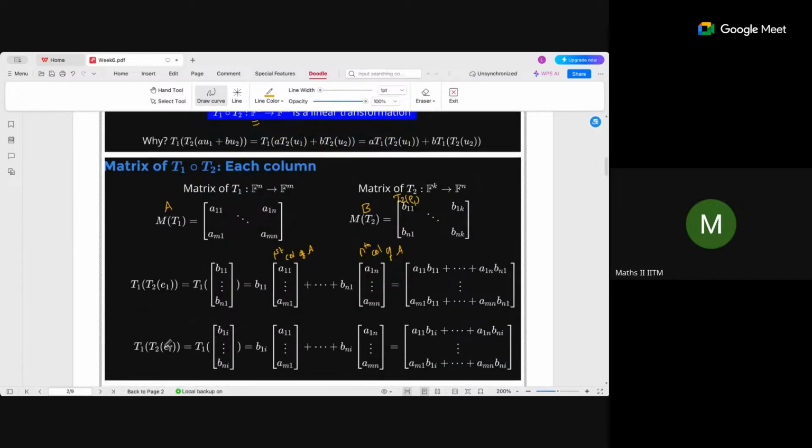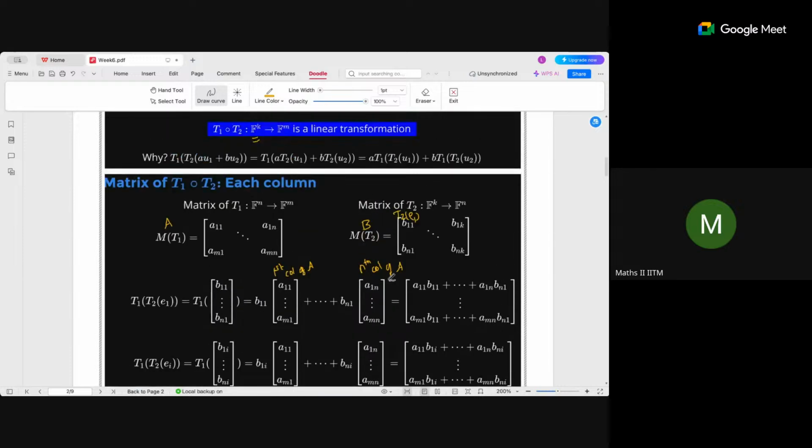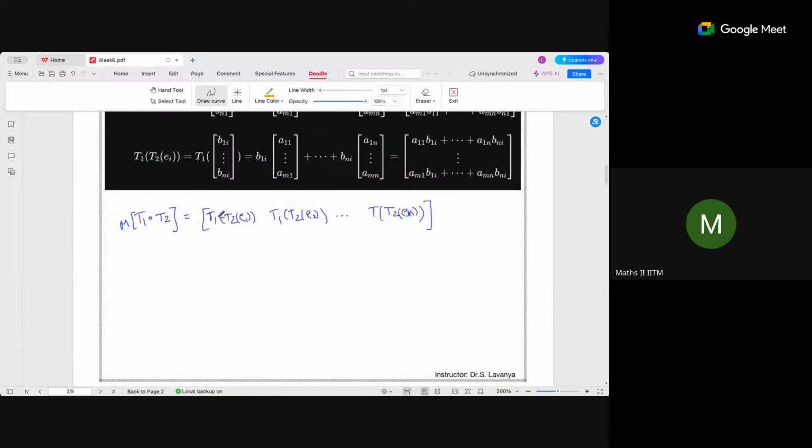So you see that T1 of T2 of e1 is simply a linear combination of the columns of A. Similarly, T1 of T2 of any ei is going to be a linear combination of the columns of A. So what are the columns of M of T1 composition T2? Is that clear for everyone? Yes. So each of these columns is of this form, right? So T1 of T2 of ei is of this form. Is that clear?